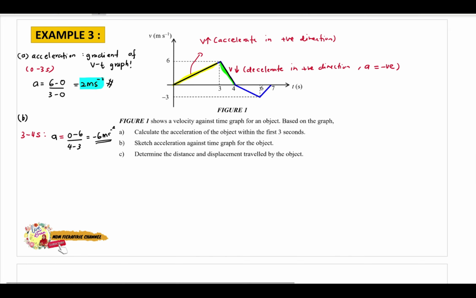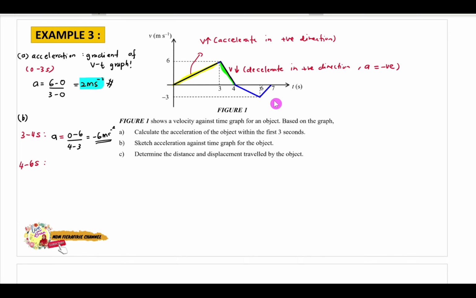Alright, and then from 4 to 6 second. So look at here, what happened from 4 to 6 seconds? Okay, so from 4 to 6 seconds, the value of the velocity is negative value. Alright, negative value, tetapi nilai dia semakin meningkat. Start from 0, 1, 2, 3.